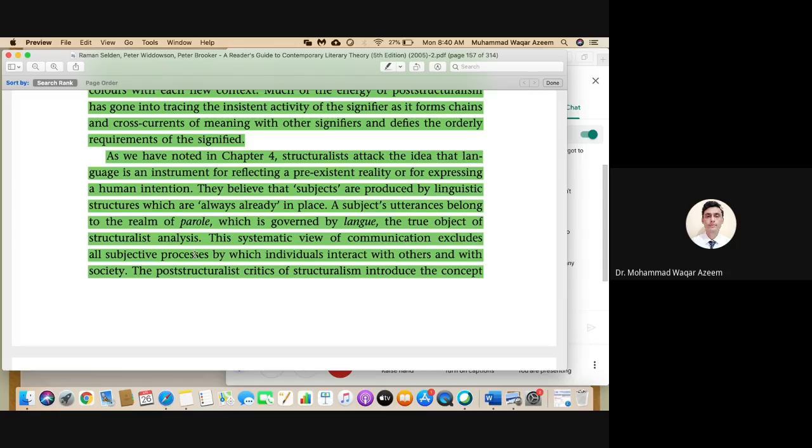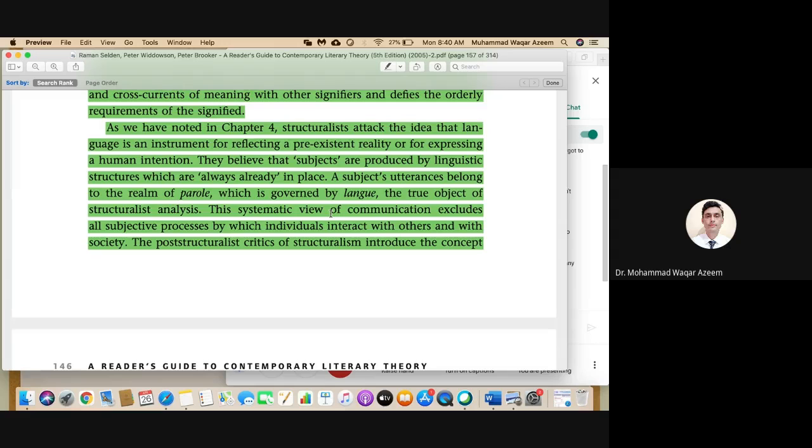All right, they believe that subjects are produced by linguistic structures which are always already in place. We discussed that in detail, that a writer only hashes and rehashes the pre-existing language structures.